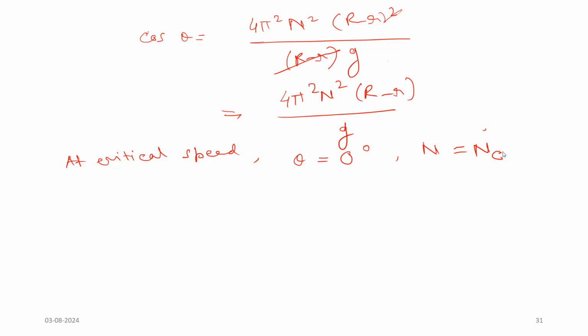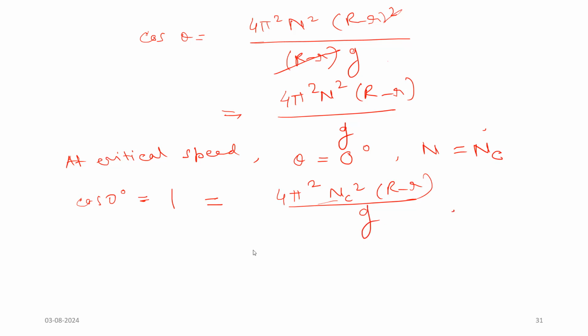So at critical speed, n is termed as nc. So what is cos theta now? At critical speed, cos theta is cos 0 degrees. You know the value of cos 0 degrees is 1, so it will be 4 pi square nc square into R minus r by g.